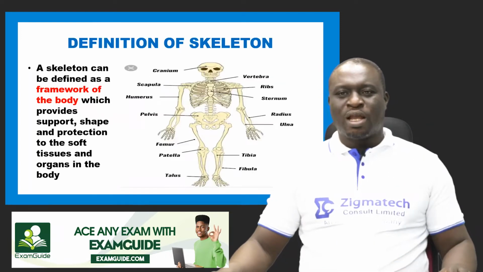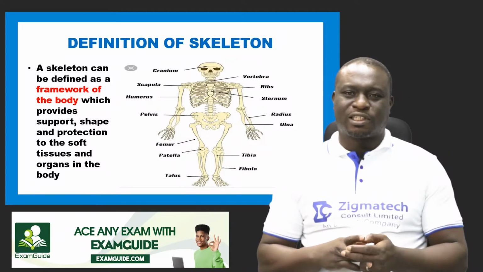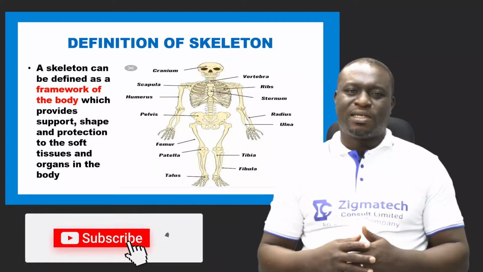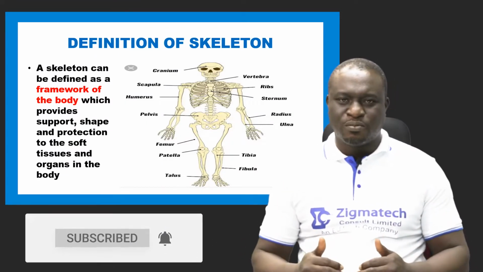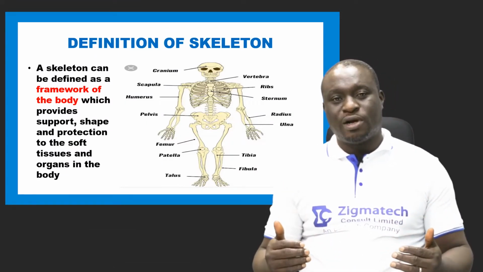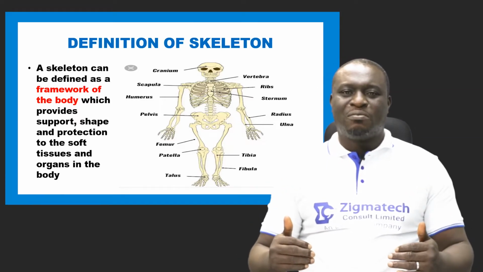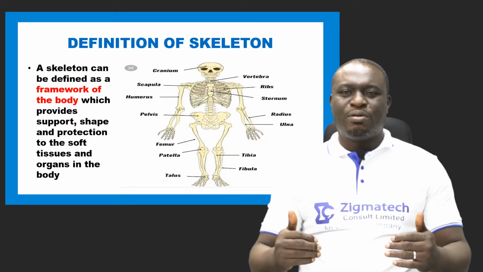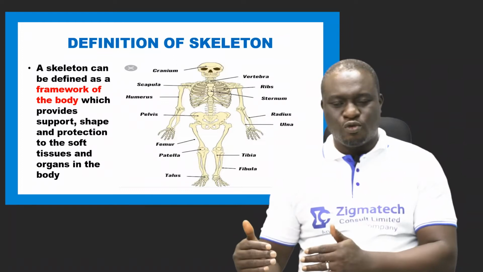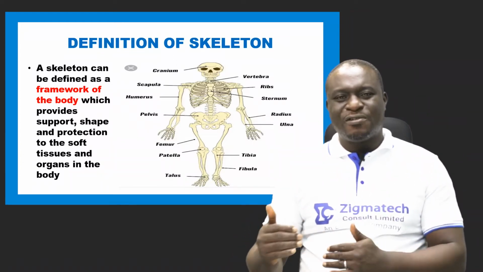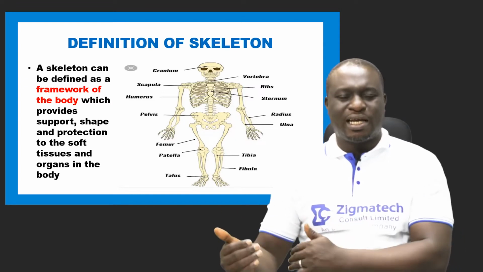Let's go. Definition of skeleton. Most times, some persons define skeleton as a bony framework. I still stand to be corrected, but I would prefer the definition to be a framework, because if we say a bony framework, it will defeat the purpose of having types of skeleton.